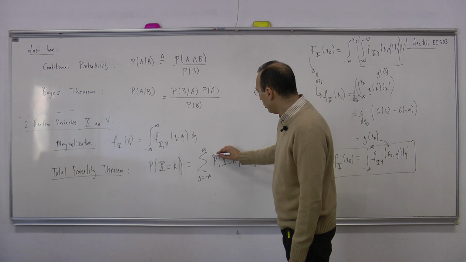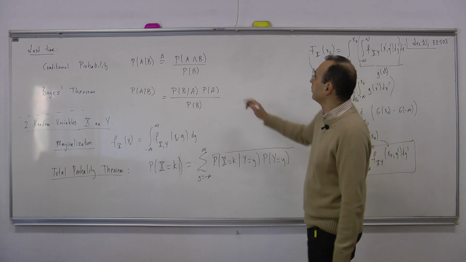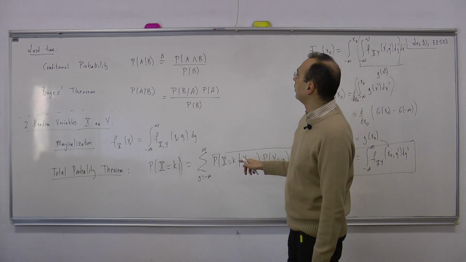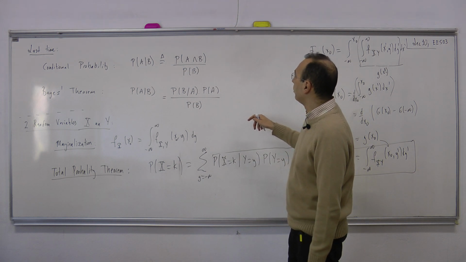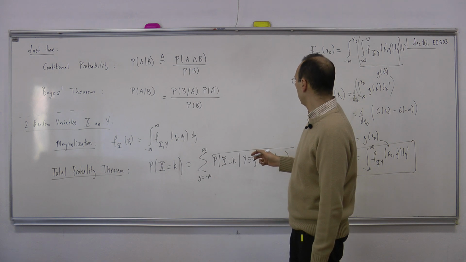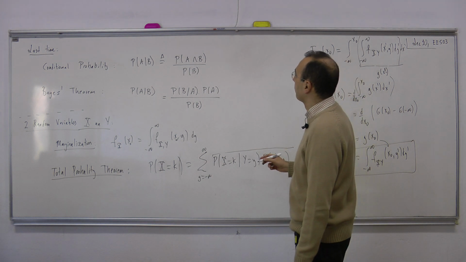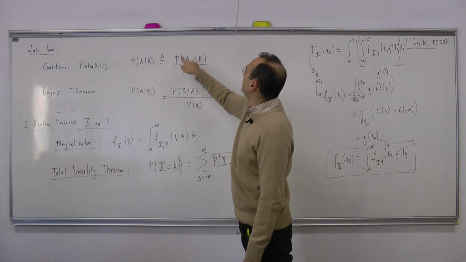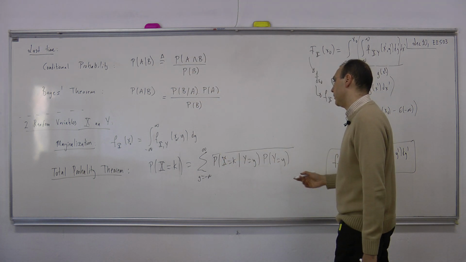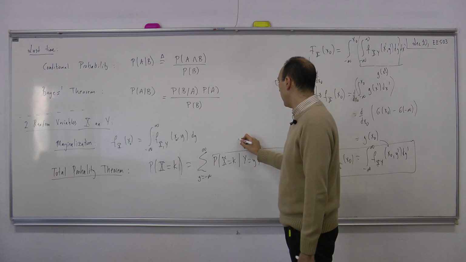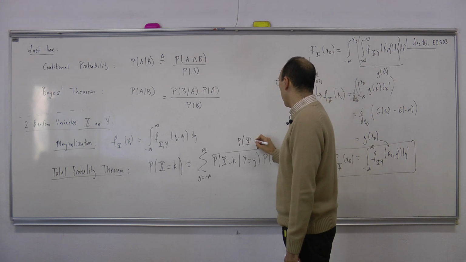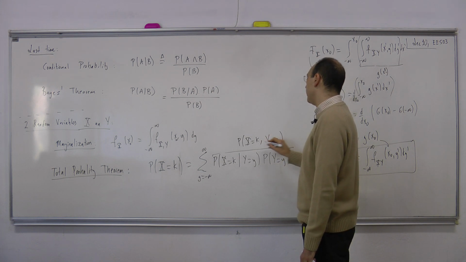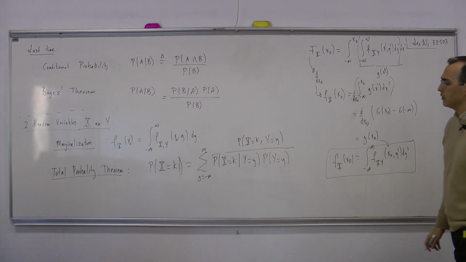Well, what you see over here is this product, which again follows from the joint density, this one actually: A given B times B is their intersection. Joint density. So I have probability of x is equal to k, comma, y is equal to y. This means their intersection, as we have said, this product.